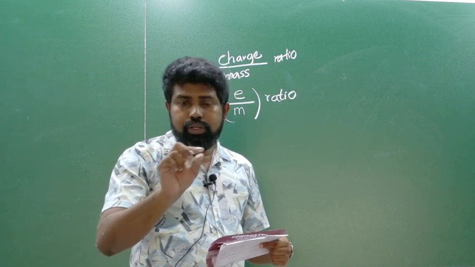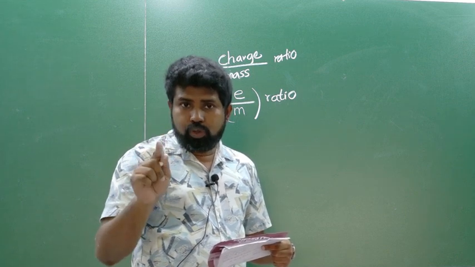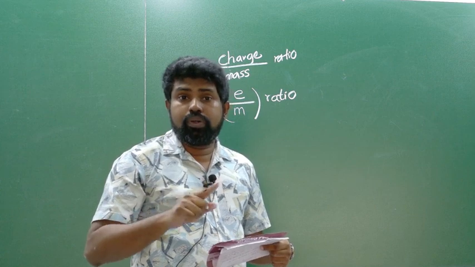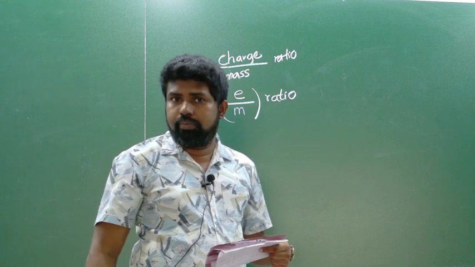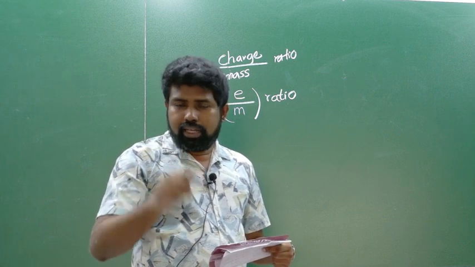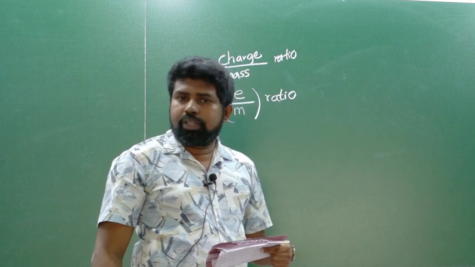Write down this one and you have to highlight it, because in the MCQ paper you need to know who found the e over m ratio of cathode ray particles. That is J.J. Thomson, the same person who did the experiments to find out the properties of cathode ray particles.